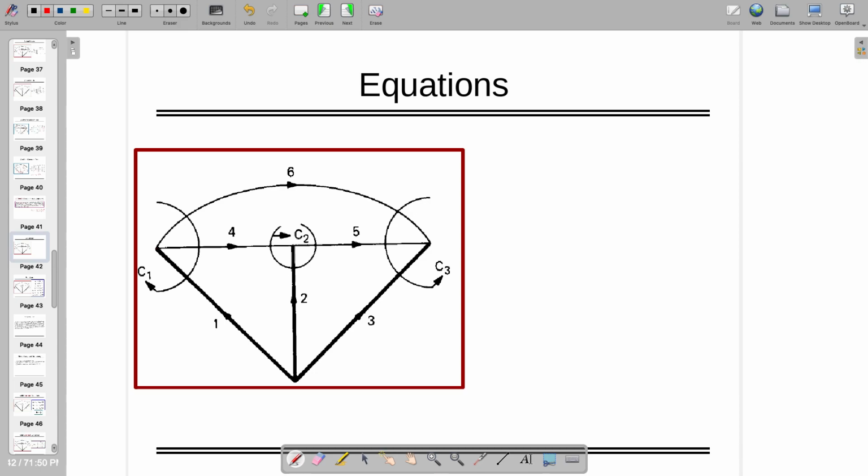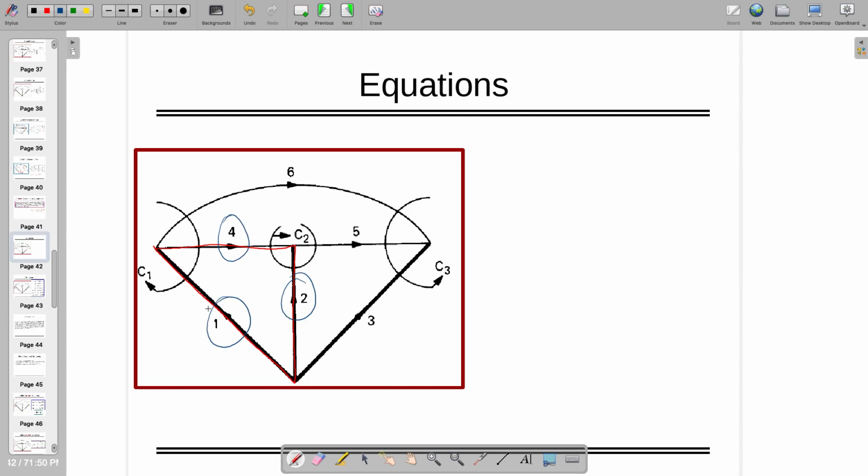So one possible thing is this one. You see, it's a complete loop. There is only one chord, but there are many twigs. If I am writing the equation, I can write it in terms of these.